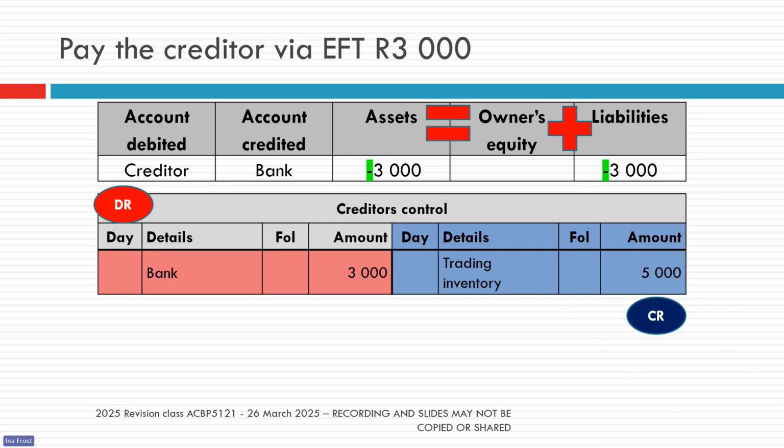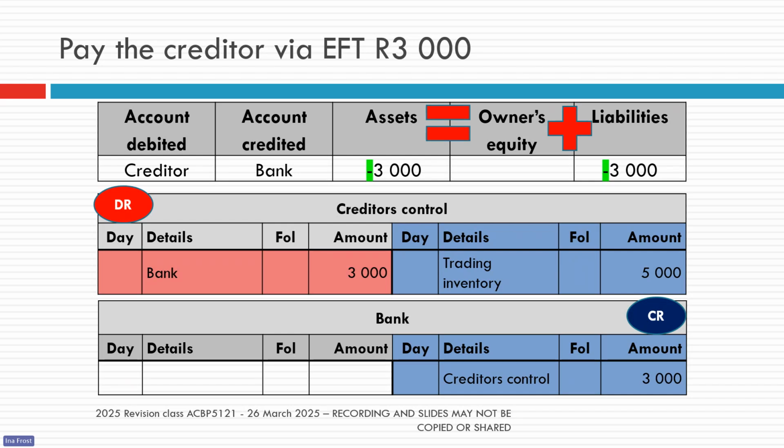The credit side was the increase in the liability, and the debit side, the red side, if you look at your slide, is now the decrease in the liability. And my assets are also decreasing because remember, I'm taking the money out of the bank. I'm making an EFT payment to that creditor.